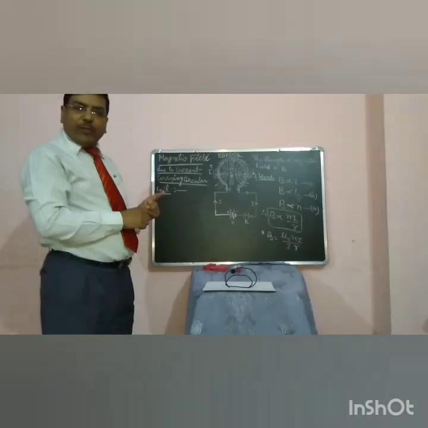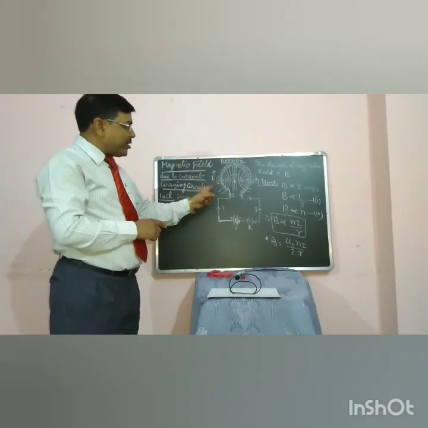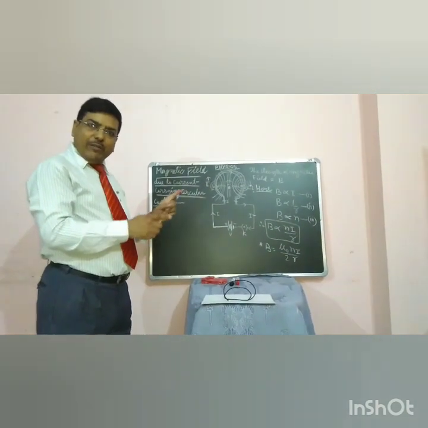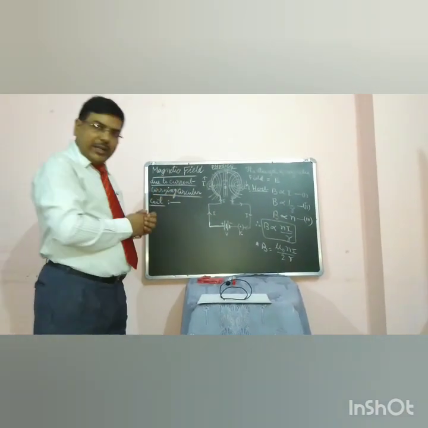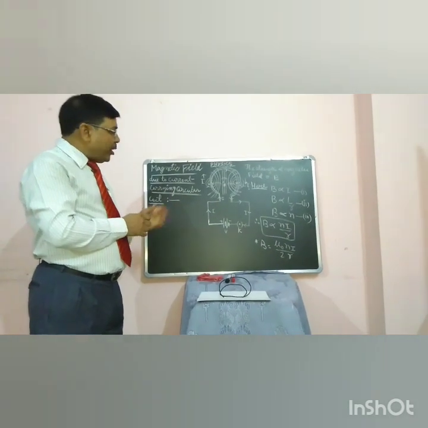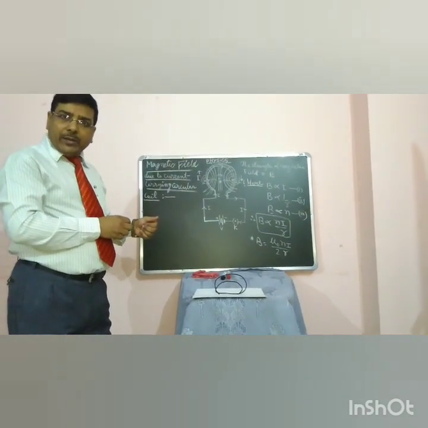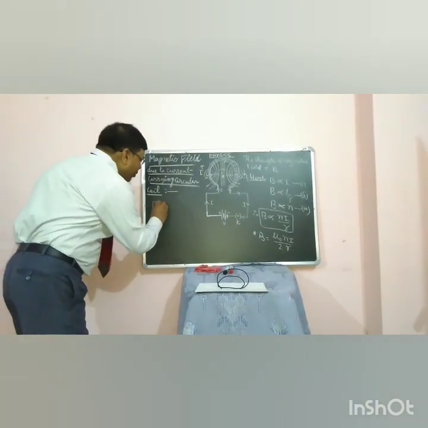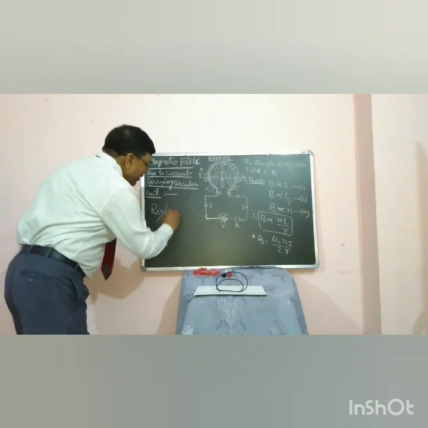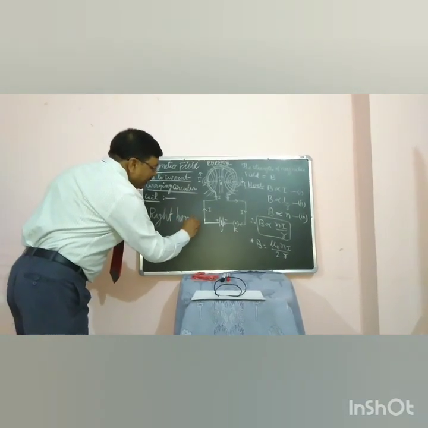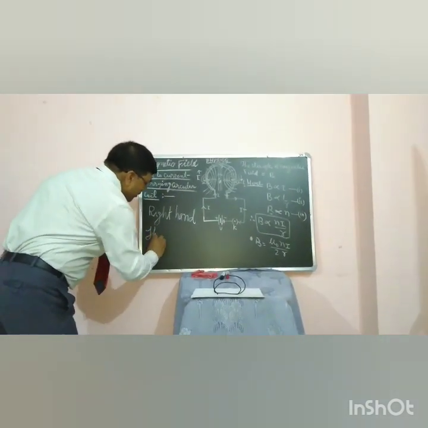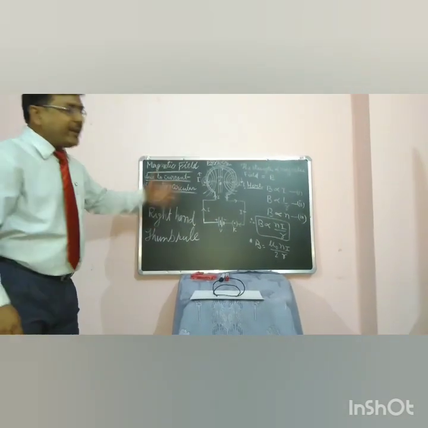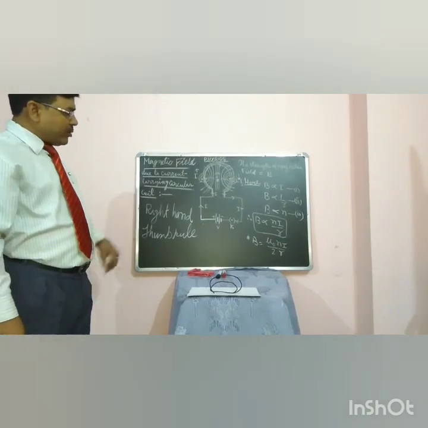If you know the direction of current, you know the direction of the magnetic field lines, and vice versa. These are important. Which rule is applied? The right hand thumb rule given by Maxwell. In this circular coil, the right hand thumb rule is applied to find the direction of the magnetic field lines.